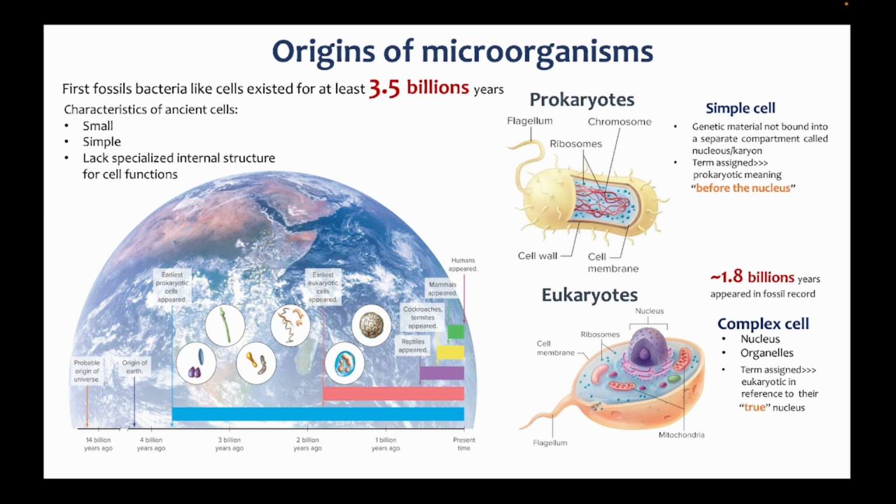From prokaryotes, you have single cellular eukaryotes. The difference is you have an enveloped nucleus, and then you start seeing organelles. Okay, and then later on the eukaryotic cells continued forming to become multicellular.